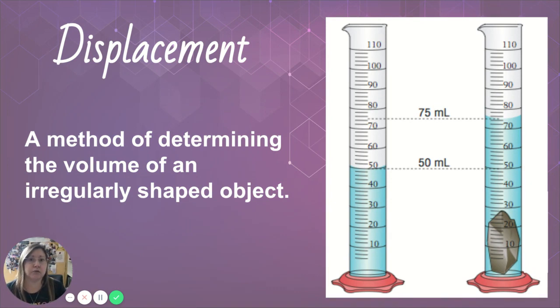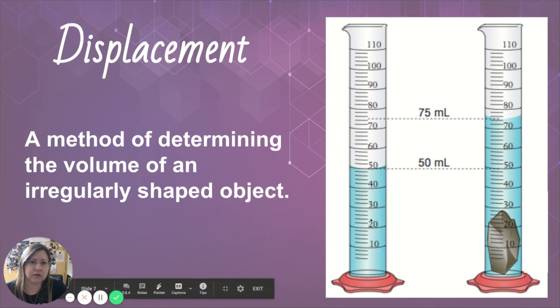Well, why does that water overflow? Because you've added additional mass into that tub. You've increased the volume that is in the bathtub. So we use that principle in order to help us determine the volume of an object that has an irregular shape.